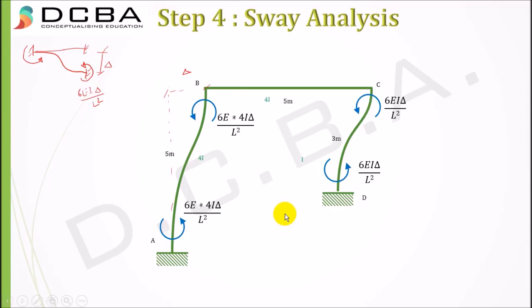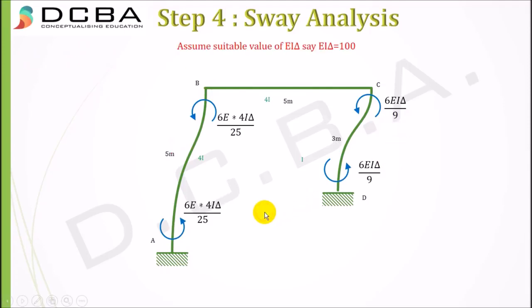Moving on, I'll substitute the length, that is L square. L was 5, so L square will be 25. Here L is 3, so it will be 9. And now I have to assume something. We'll assume a suitable value of EI delta. Say EI delta is 100. Okay, you can take anything that you want.